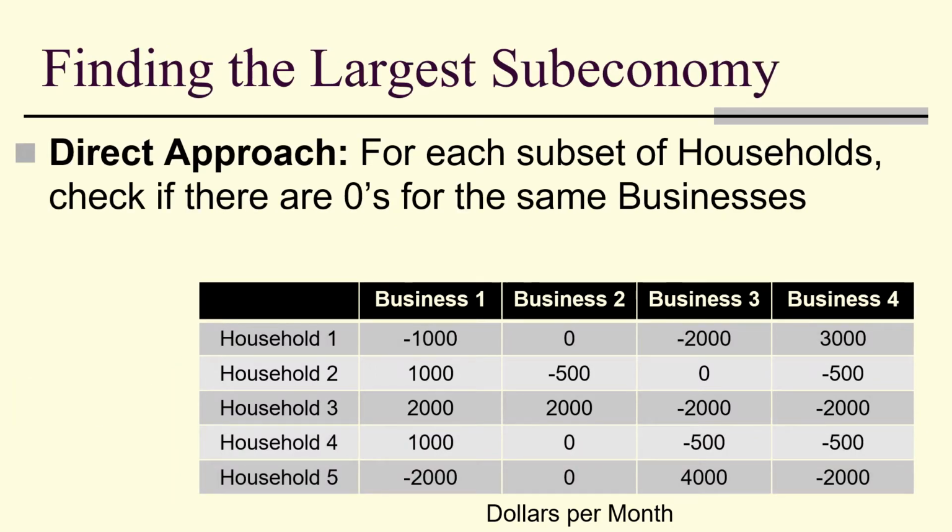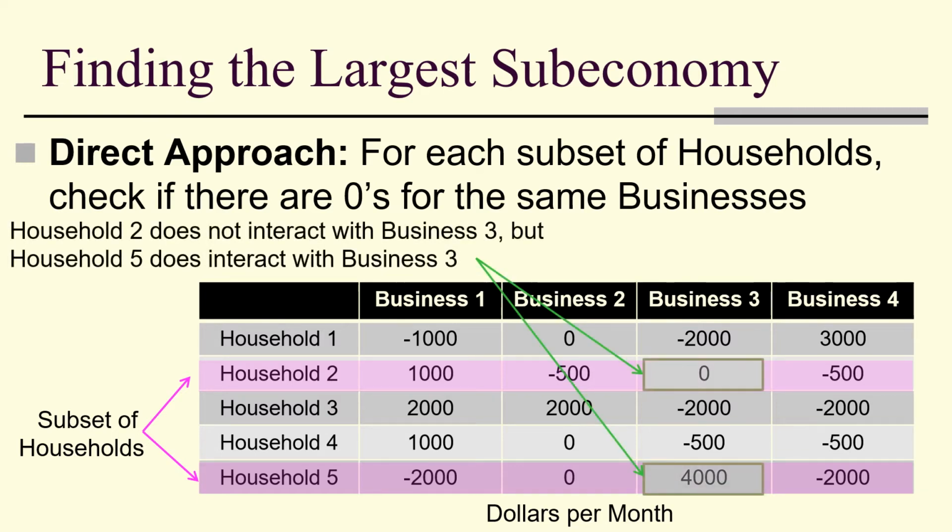Now, how would we find the largest subeconomy? Well, there's a direct approach. Just take a subset of households and see if they form a subeconomy. So you've got some subset, but notice household 2 does not interact with business 3, but household 5 does.